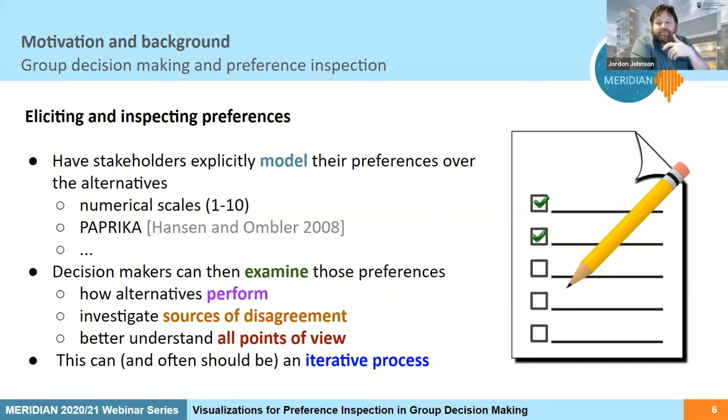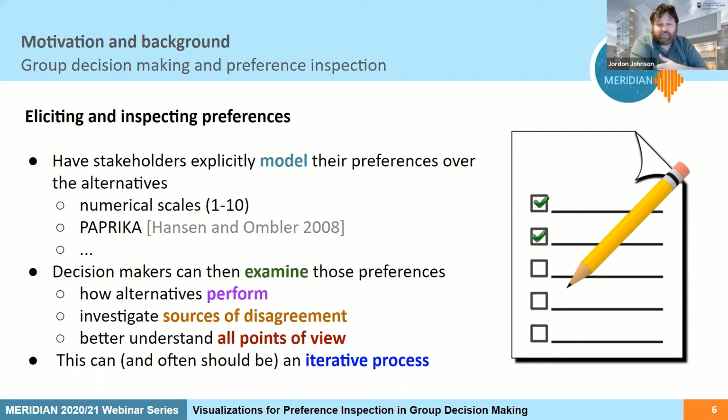But once these preferences have been elicited, decision makers are able to examine or inspect those preferences in order to determine how the alternatives perform, to identify and investigate sources of disagreement, and hopefully through discussion come to a better understanding of everyone's points of view. Now, this should be an iterative process.